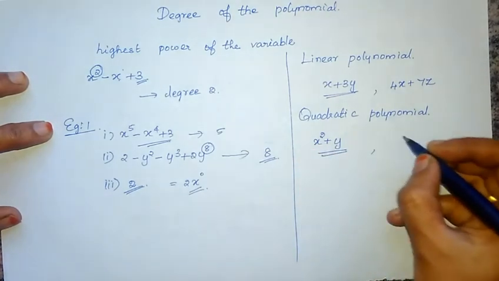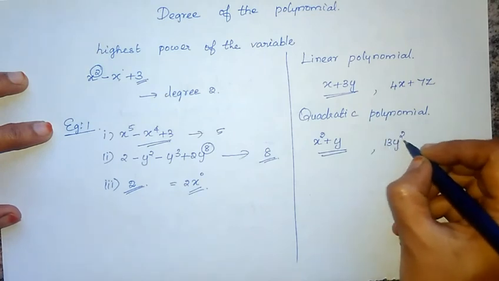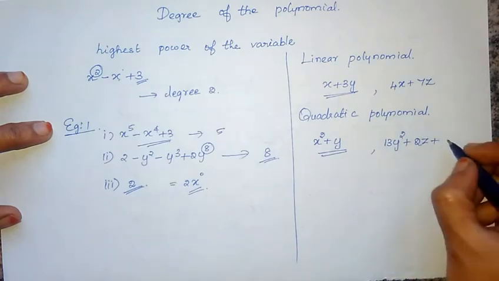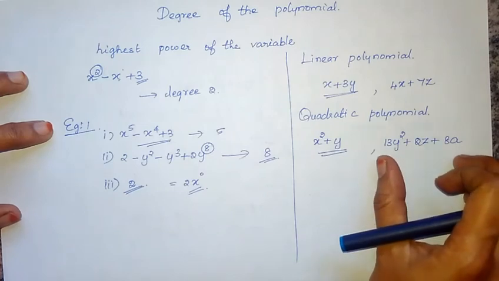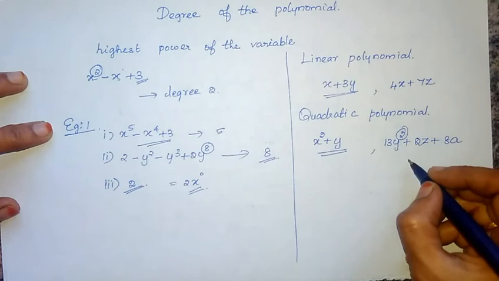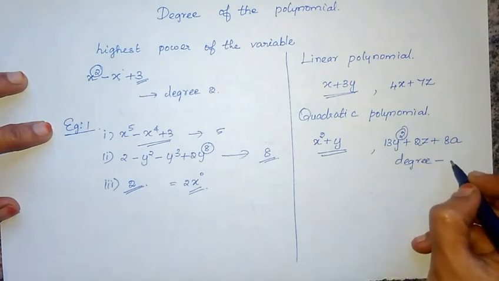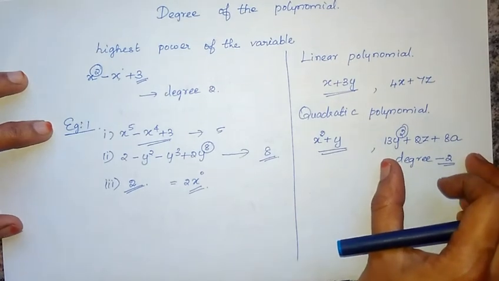One more example, 13y square plus 2z plus 8a. Here in this polynomial, the degree is 2. Highest power is 2. Degree of this polynomial is 2. So, this polynomial is a quadratic polynomial.